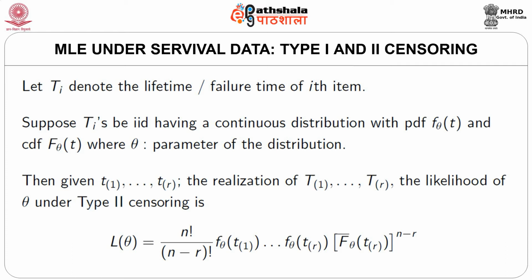Then given small t order 1, small t order 2, etc., small t order r, which are the realizations of capital T order 1, capital T order 2 up to capital T order r, the likelihood function of theta under type 2 censoring is capital L of theta equal to n factorial by n minus r factorial times the product of f of theta, t order 1, etc.